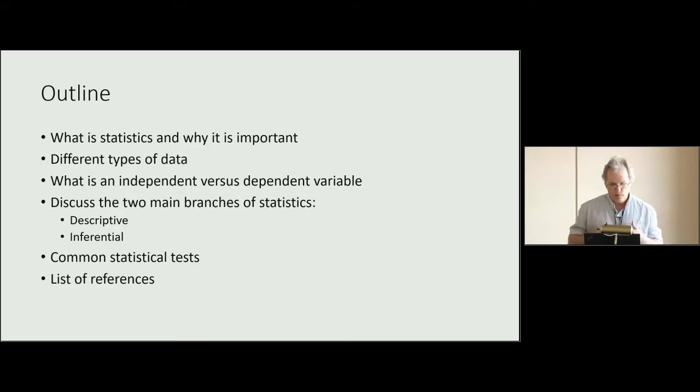And discuss the two main branches of statistics, descriptive and inferential statistics, and go over some common statistical tests, and then a list of references that provide more detail on different types of statistical tests and assumptions, etc.